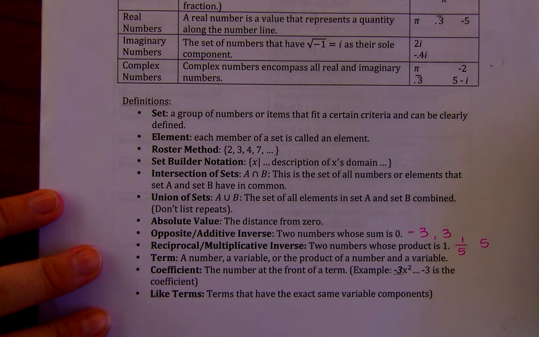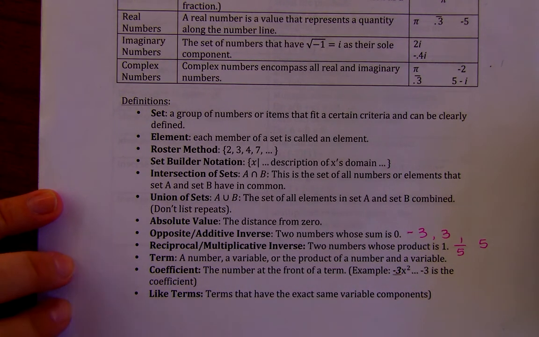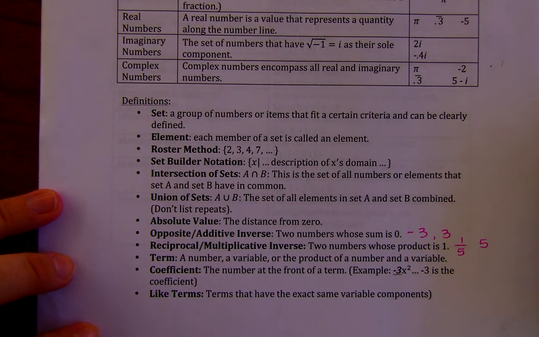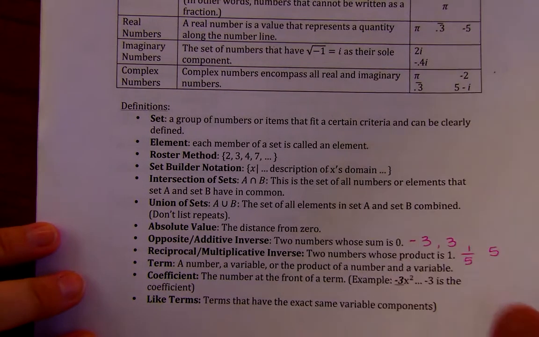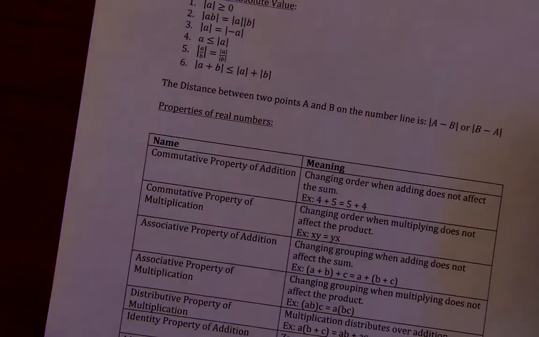A term is just a number or a variable. It's a single monomial. A coefficient is the number out front, so for example here we see -3 would be the coefficient here. And then we also have like terms, so things that can be combined that have the same variable components. I'm going to go ahead and flip the page here.